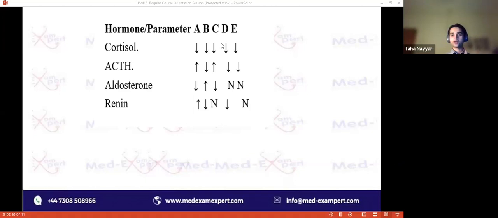But these same loops are valid anywhere in the body. So always associate one thing with another when you're studying for your assembly, and that's how they test us in the exam. So this was adrenal insufficiency.